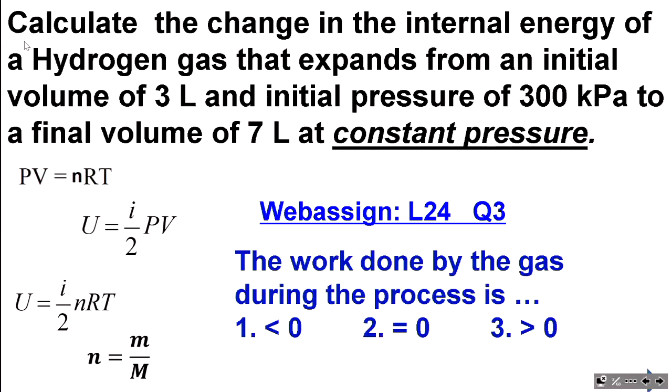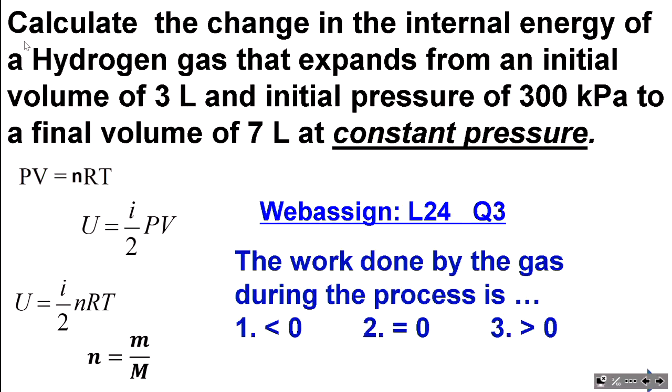So I prefer, at least at the beginning, to specifically say that the pressure remains constant. However, a similar problem could just say in an isochoric process, the gas expands, and in that case, you should know isochoric means the pressure remains constant.